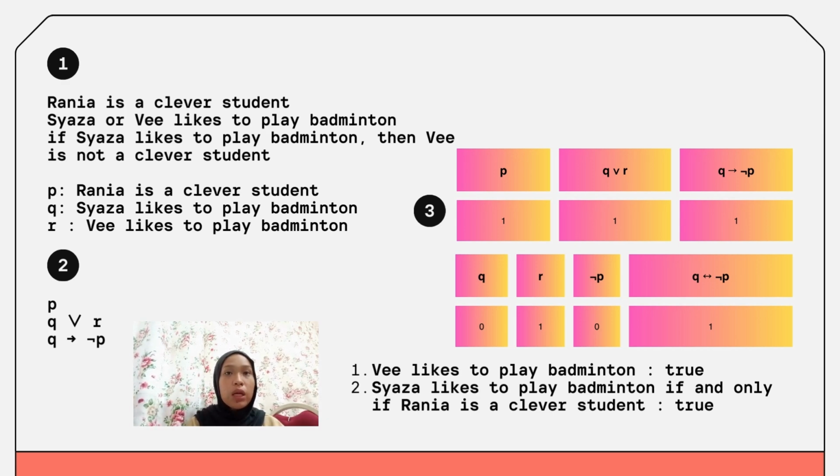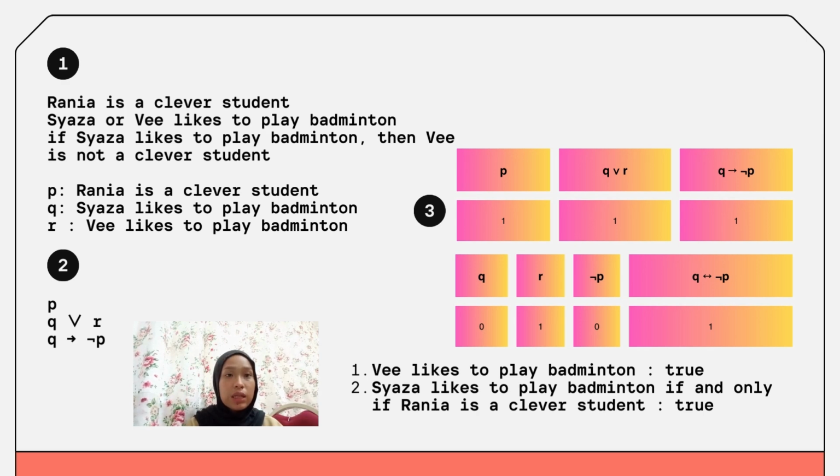Step 2: we convert the statements into symbols. The first one is P, the second one is Q or R, and the third one is Q implies not P.